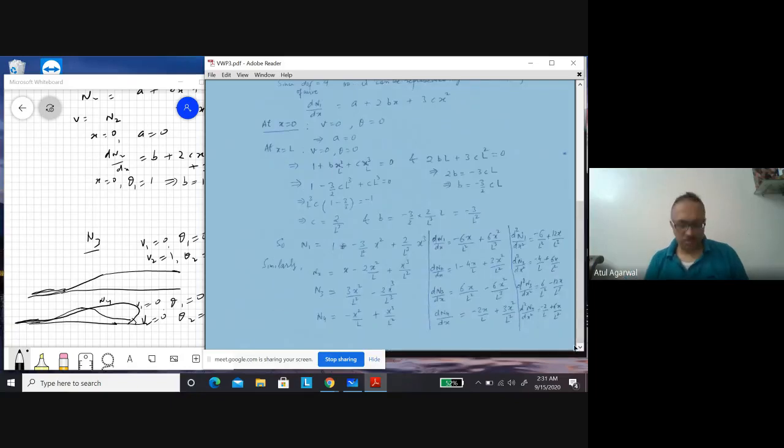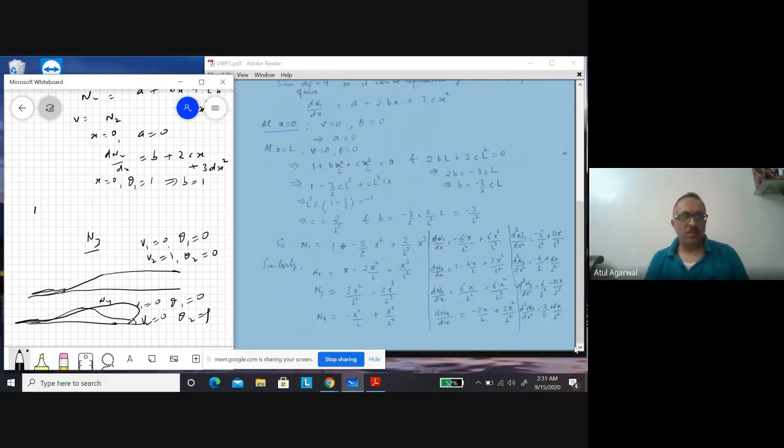You see N4 is given as minus x square by L plus x cube by L square. If we find its derivative, it is equal to minus 2x by L plus 3x square by L square. So at x equal to L, we get 1.